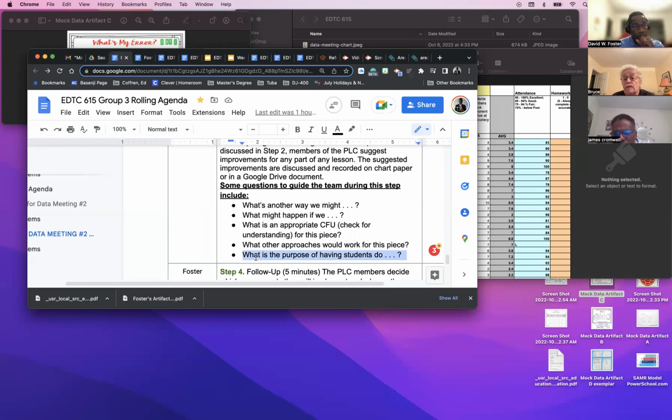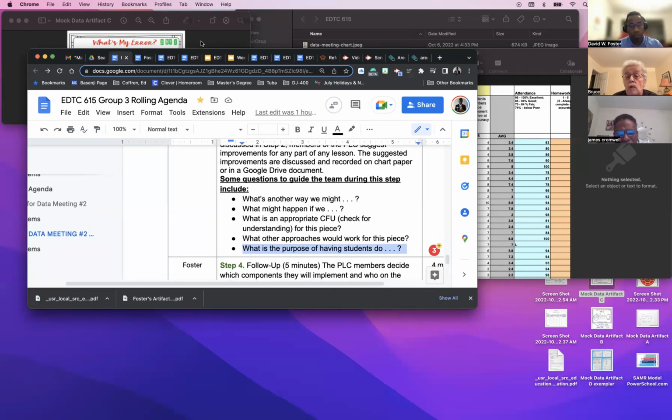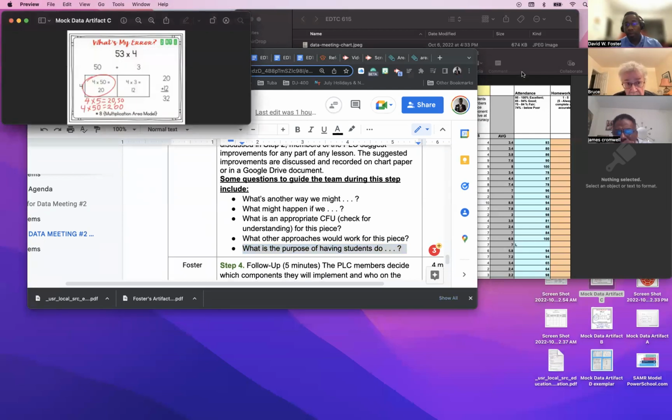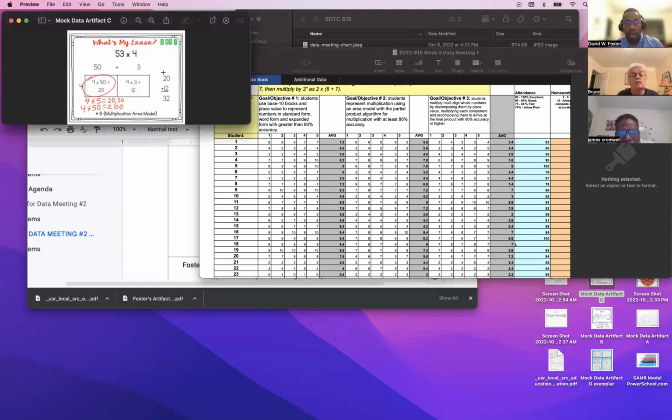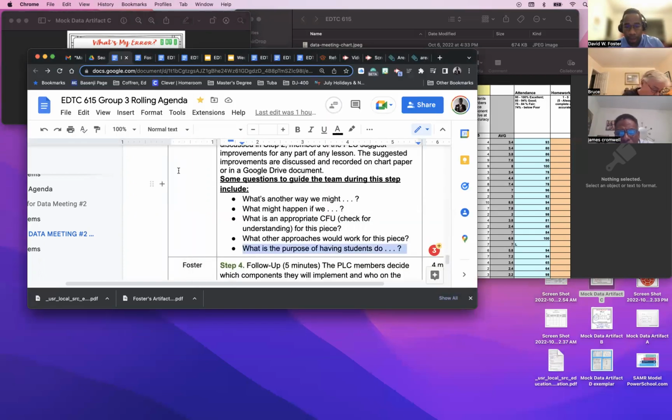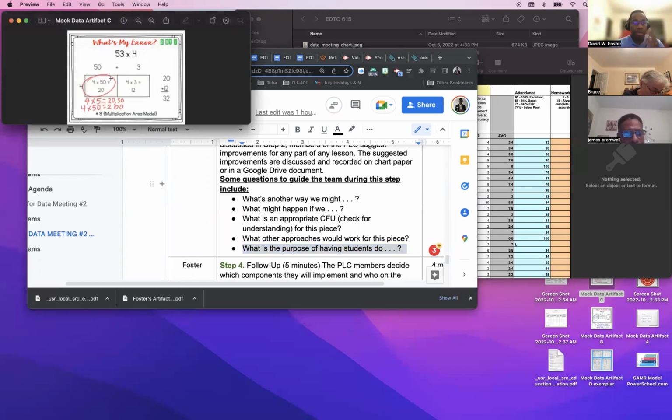To improve your first set of goals and objectives, what did you just say? Try to keep it brief. Objective goal number 1: students use base 10 blocks and place value to represent numbers in standard form, word form, and expanded form with greater than 80% accuracy. Okay, cool. So my first suggestion: what's another way we might have shown these numbers in place value?